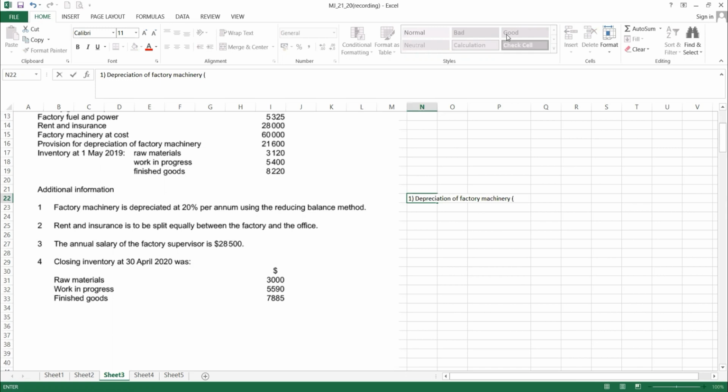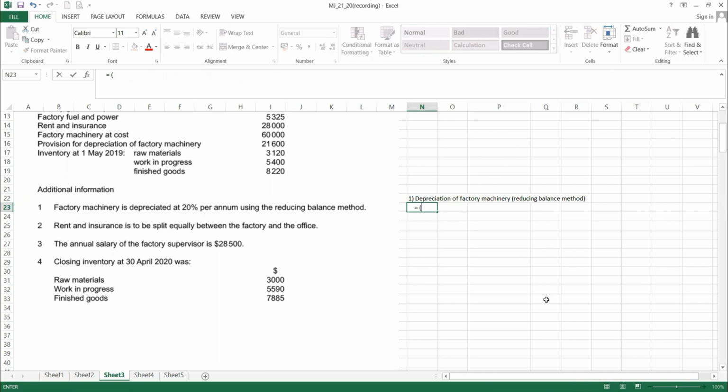They have given us the reducing balance method. Think about the formula first, don't think about the calculation. In the exam, you don't need to write the formula; just for class purposes, I show the formula.